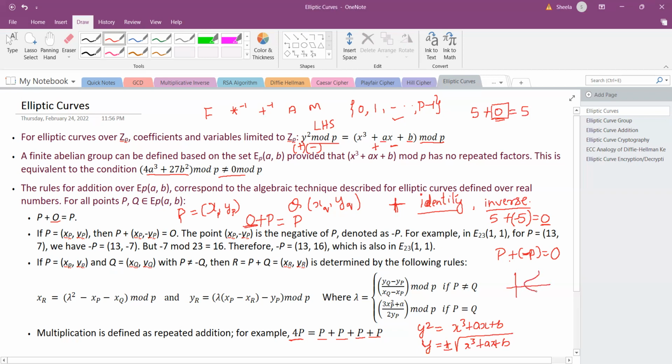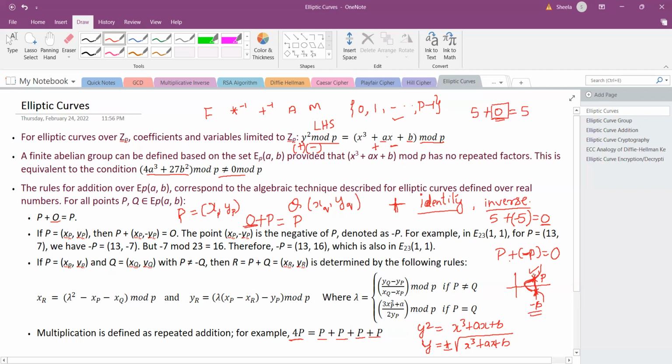If I plot the curve, I'll get a curve like this. So what it indicates is, if I have a point here, and I draw a straight line so that it touches another point on the curve, that is taken as the negative point of P. If I represent this point as P, then this will be considered as minus P. Like this, we are able to consider the negative point of a given point.